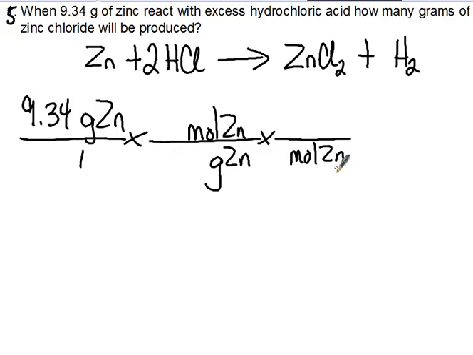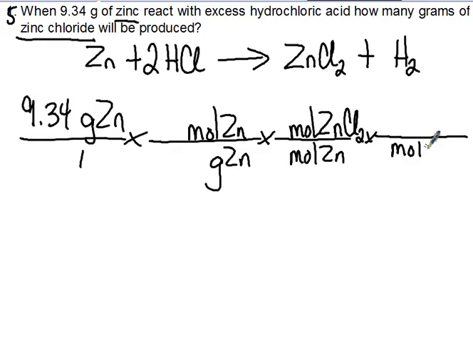And I need to convert this zinc to zinc chloride, so that's what I'm going to choose to do my mole conversion to. And then I'm going to write moles of zinc chloride down here, and then I need to convert it to something that is measurable, which is grams of zinc chloride.